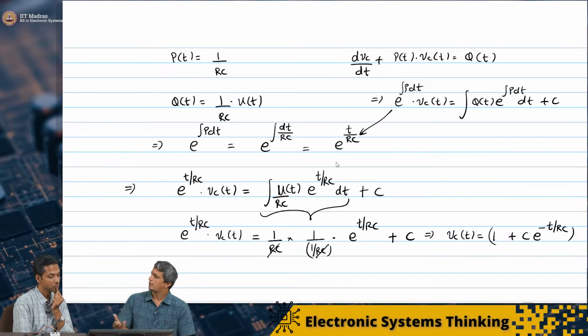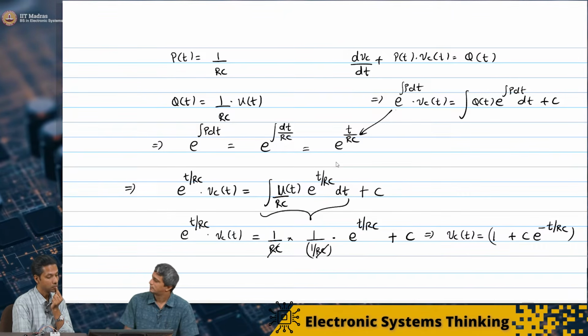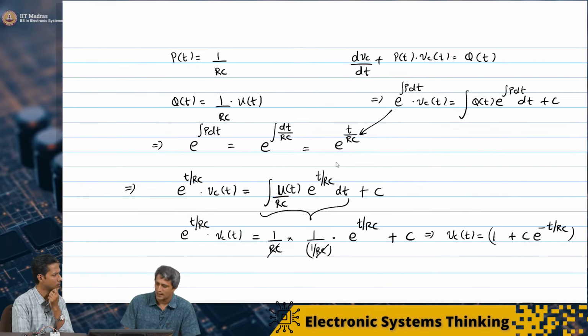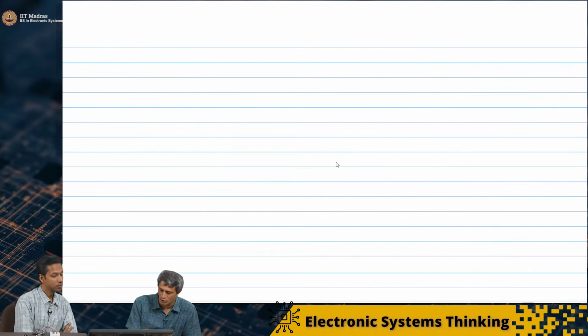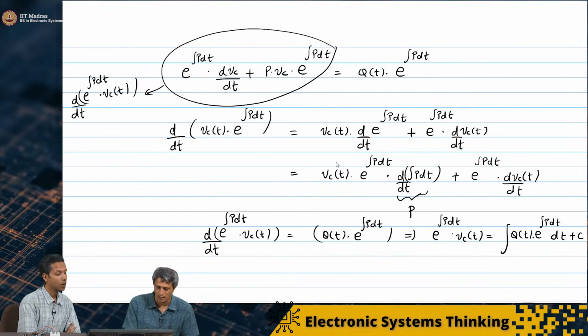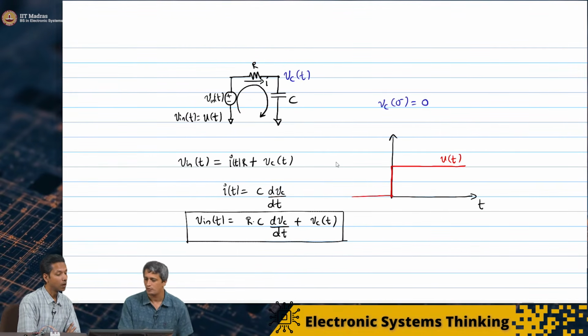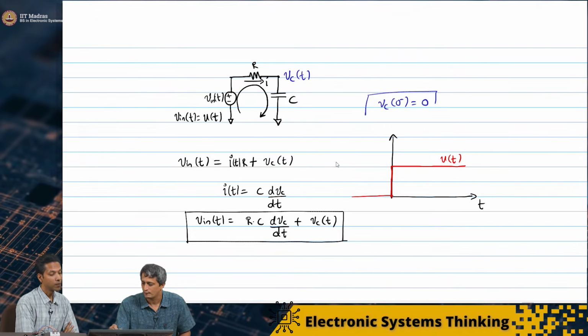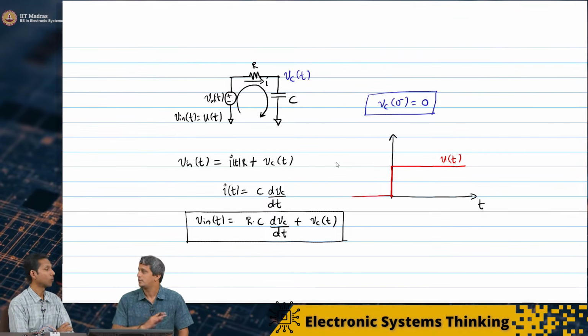Now, how do we find the C? C is a constant we need to find out, and that is the reason we made the initial condition: the capacitor was initially discharged.